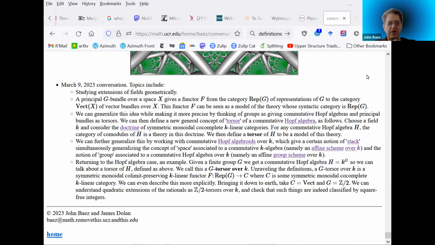But that's one thing that we're going to do, and as part of that, we'll go more algebraic and think of groups as giving commutative Hopf algebras, so basically the algebra of functions on the group. And principal bundles, we often think of them as torsors of a certain sort.